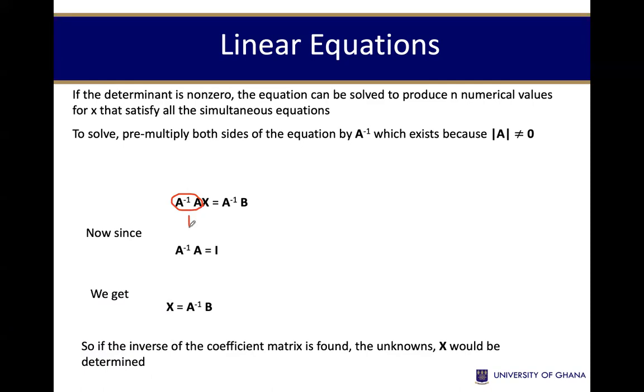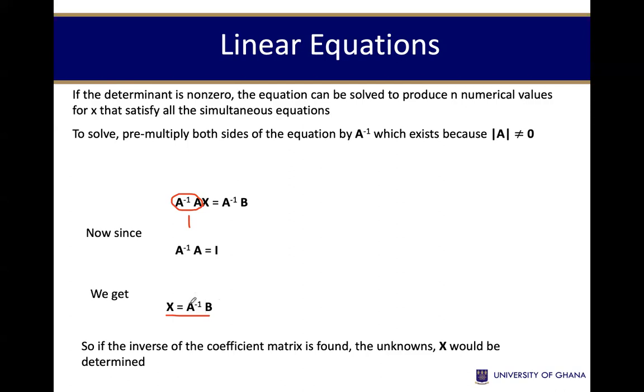Which is a set of ones. Then whatever I do to the left-hand side, I should also do to the right-hand side. So if I multiply the left-hand side by the inverse of A, I should also multiply the right-hand side by the inverse of A. So the whole of this goes away, and I'll be left with x equal to the inverse of A times B.